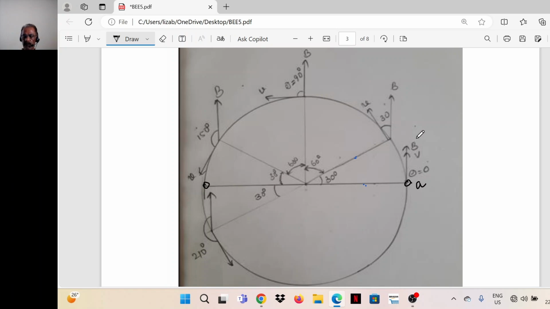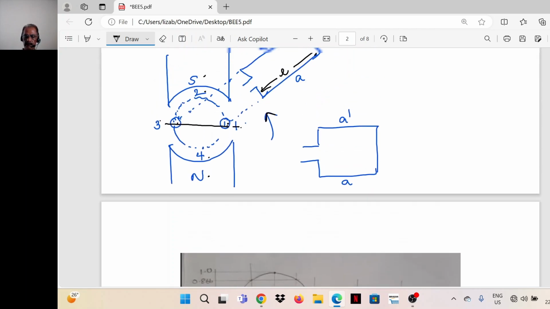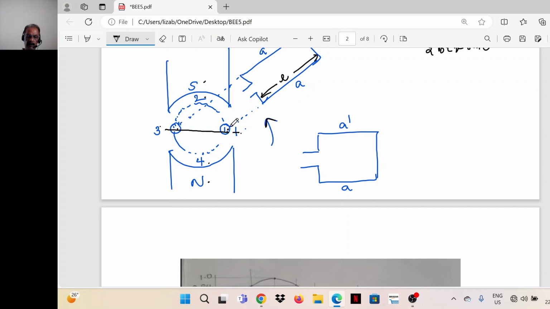Now see the flux density vector and the linear velocity vector. The flux density vector is straight up. Here the coil is moving in the counterclockwise direction. The flux is directed from north to south, so this is the direction of flux density.